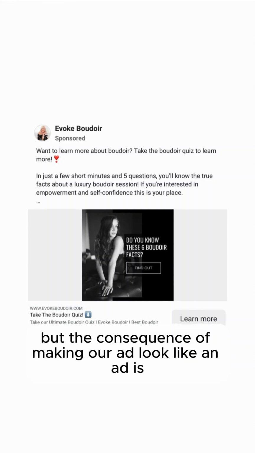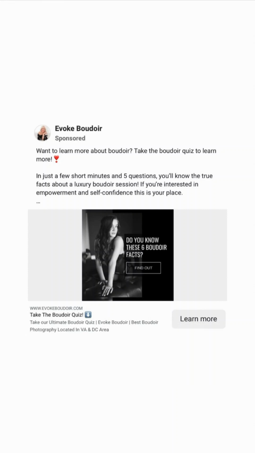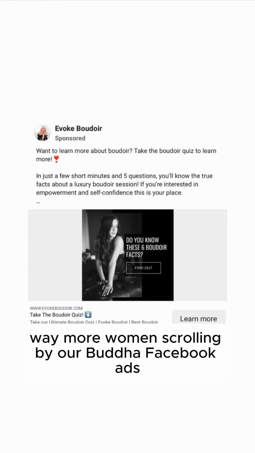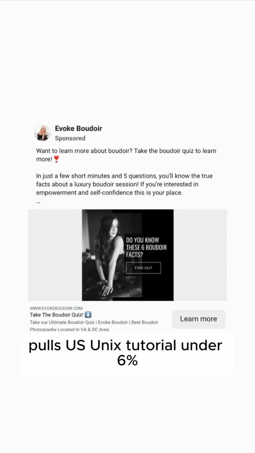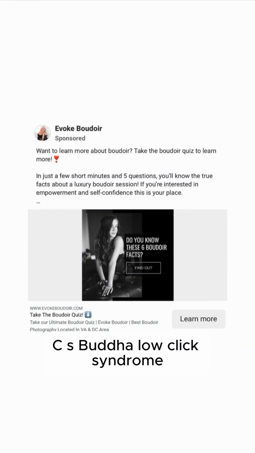The consequence of making our ad look like an ad is way more women scrolling by our Boudoir Facebook ads than necessary, and as a result it pulls our unique CTR under 6% and contributes to BLCS, Boudoir low-click syndrome.